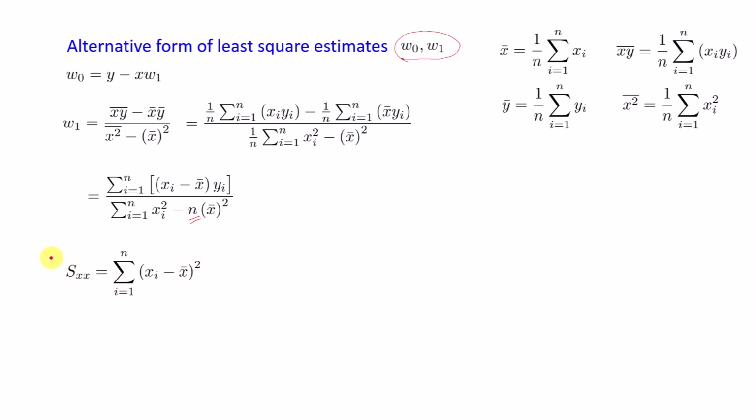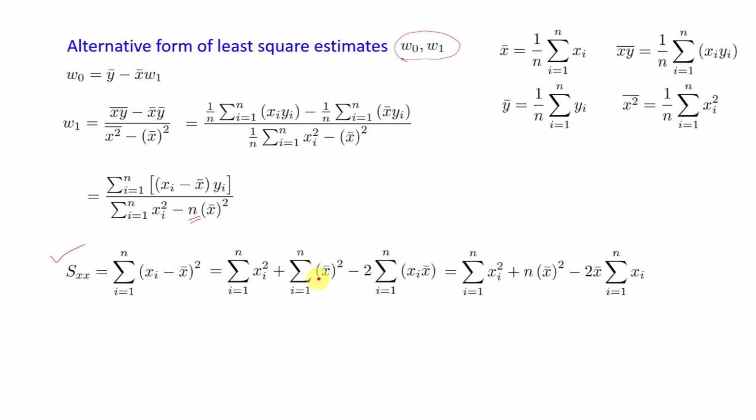We define a term Sxx as the summation of xi minus x bar whole square. Why we are using it, it will be very clear quickly. I can break this square and write this as summation of xi square, then summation of x bar square, minus 2 times xi x bar summation.